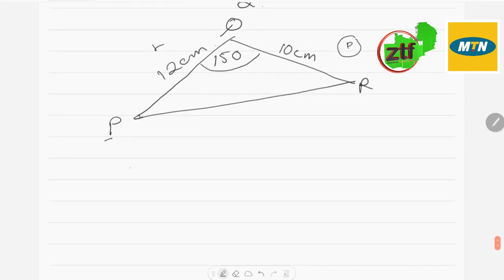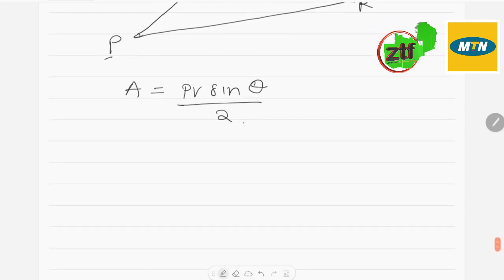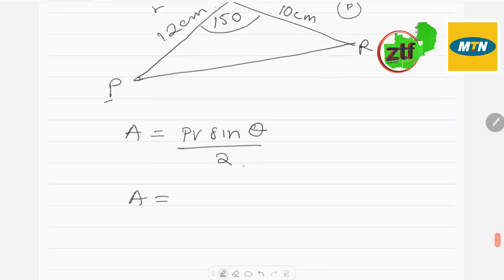So we are going to have A is equal to PR, then sine, because the angle Q there is 150, so we'll have Q, then divided by 2. So when I substitute the distances, we'll have P, which is 10 centimeters.